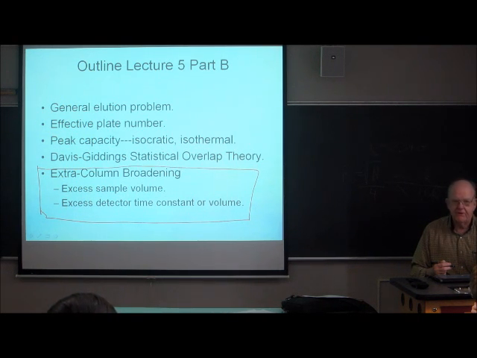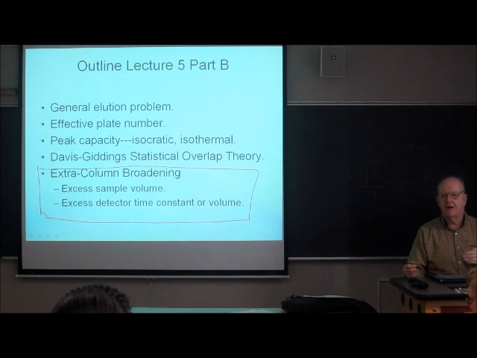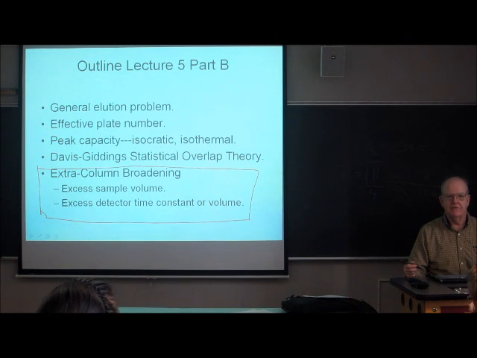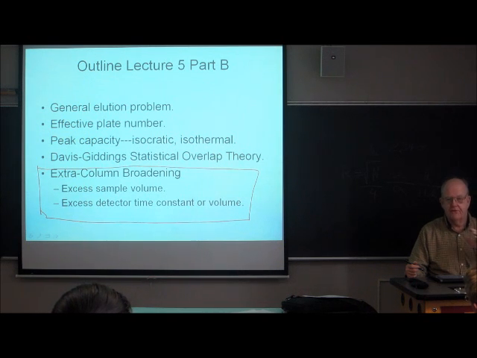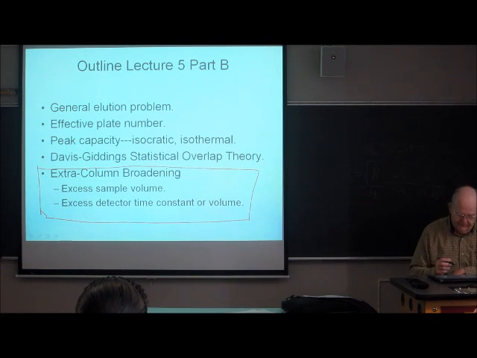But in the past few years, the column manufacturers have made the columns so much better, they have so many more plates, that the instruments haven't kept up with the columns. And so the instrument is now a significant part of the broadening process that you see at the end of the peak. The column is certainly a major factor, but is not the overriding dominant factor. So we're back to have to worry about extra column broadening factors.